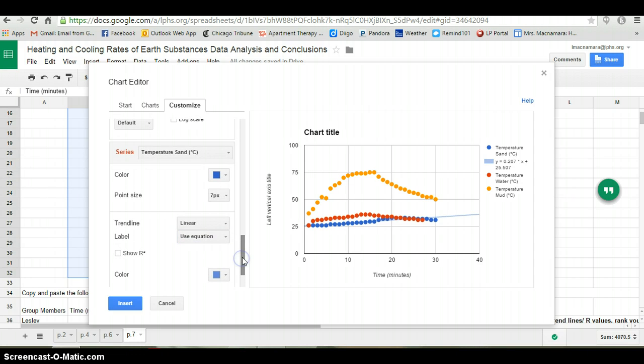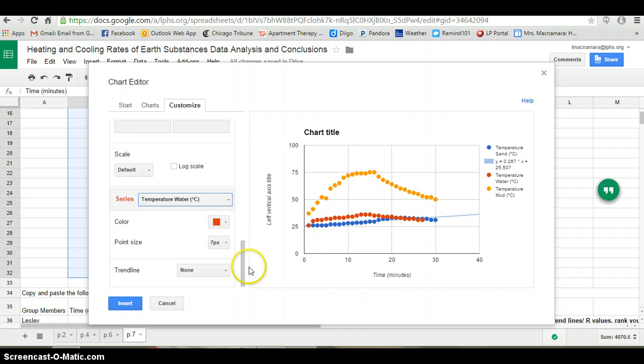So now we want to do the trend line for the other data, for the water, which is the red line on this graph, and the mud, which is the yellow graph. To change your series, now we'll do water. We're going to highlight water and say we want a linear trend line. So now we see the red line pop up.